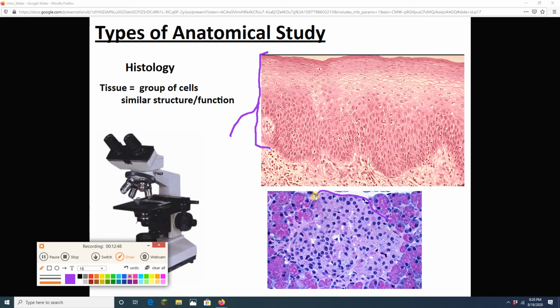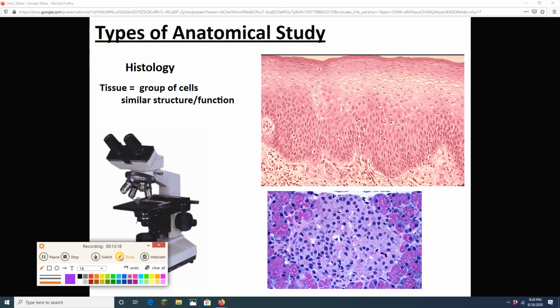This right here is part of the pancreas. This is the part of the pancreas that makes insulin. Notice how these cells look pretty similar to one another, and they have similar hormone-producing jobs. So, histology, again, is looking at these tissues with the aid of a microscope.